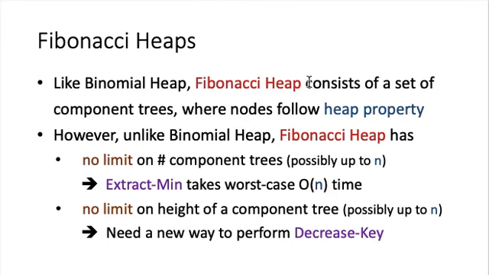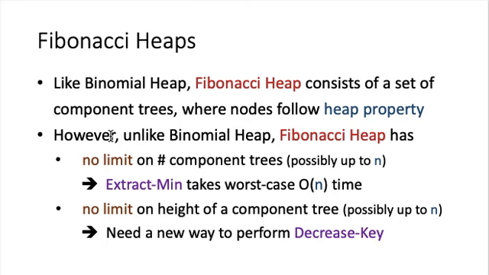Fibonacci heap is similar to a binomial heap in the sense that it consists of a set of component trees to allow flexibility. The nodes inside each component tree follow the heap property as well, so that the value of a node is always larger than the value of its parent.